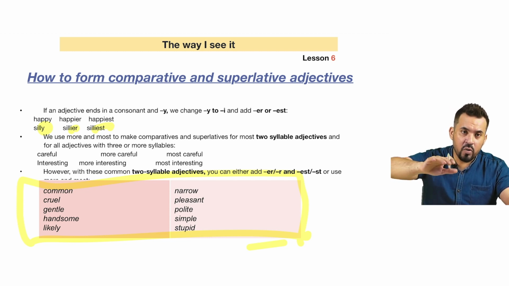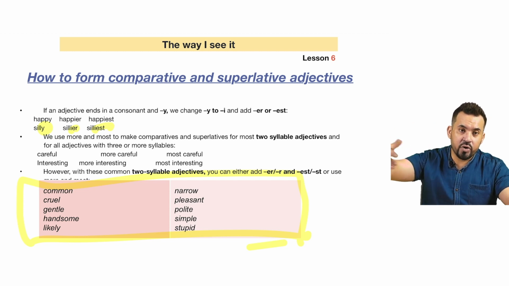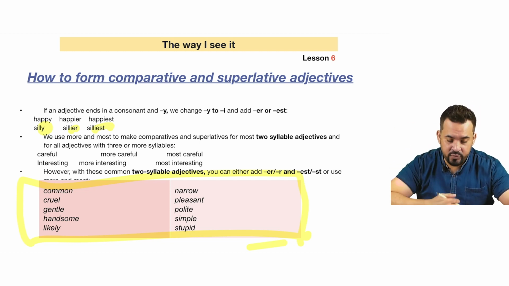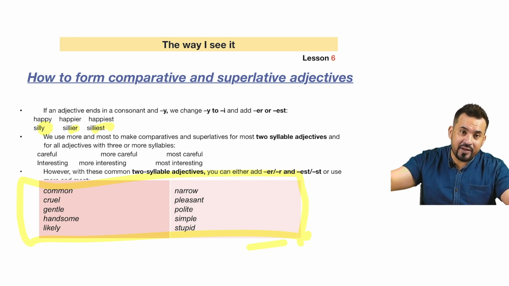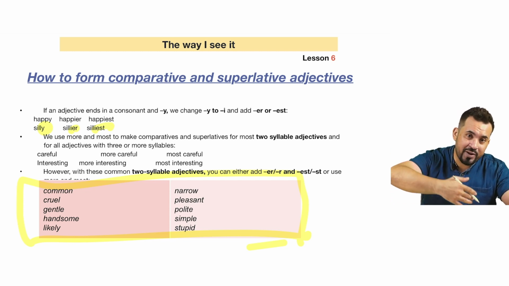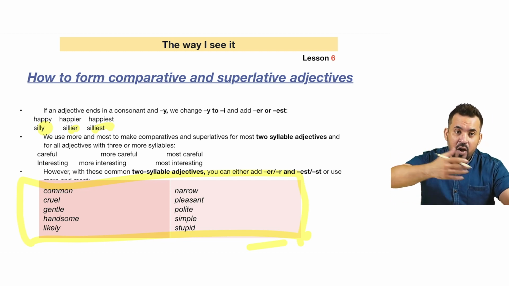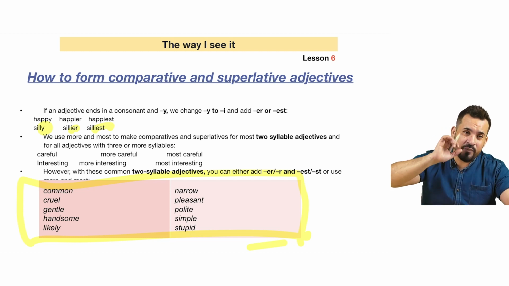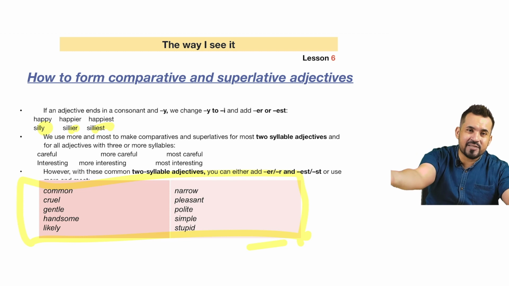Although crueler and cruelest is more common in usage. Gentle, gentler, gentlest, or more gentle, most gentle. Handsome, handsomer, handsomest, or more handsome, the most handsome. With this one, nobody says handsomer anymore.